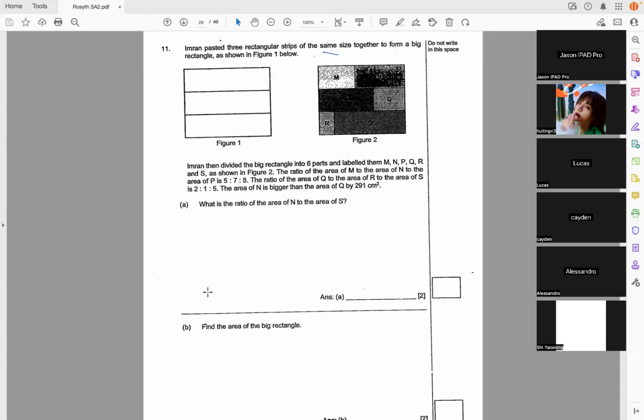Imran then divided the big rectangle into 6 parts. Okay, let me write for you. I'm not sure your paper can see or not, but mine can see. This is N, this is Q, this is S, this is R, this is P, and this is M.